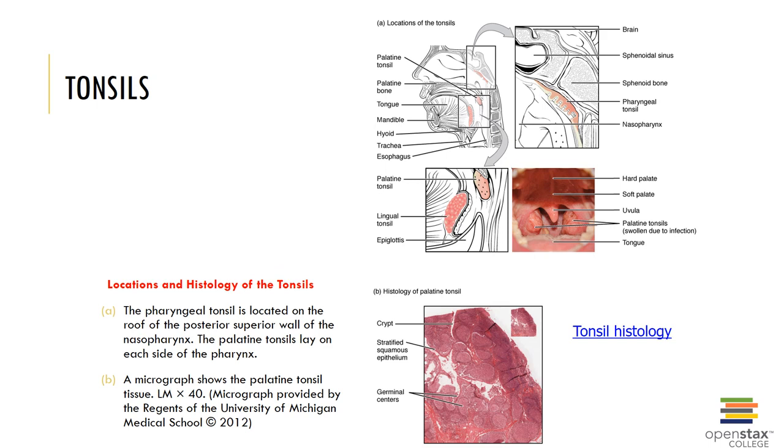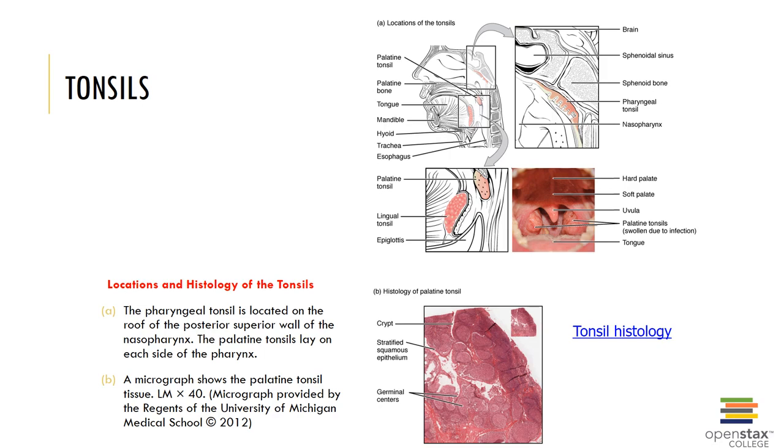The tonsils are large lymphoid nodules in the walls of the pharynx. Left and right palatine tonsils are located at the posterior inferior margin of the oral cavity. A single pharyngeal tonsil, often called the adenoid, lies in the posterior superior wall of the nasopharynx, and a pair of lingual tonsils lies deep to the mucous epithelium covering the base of the tongue.